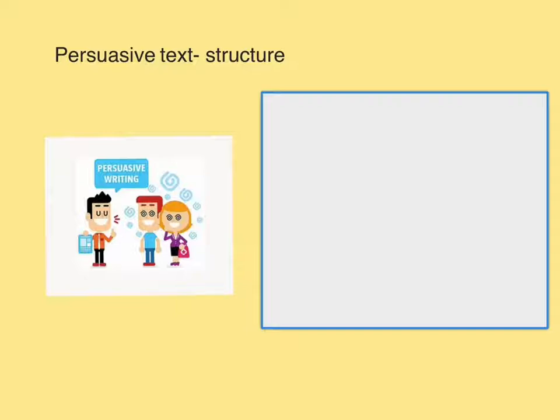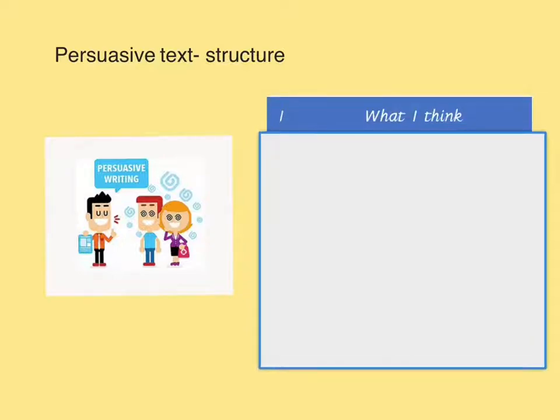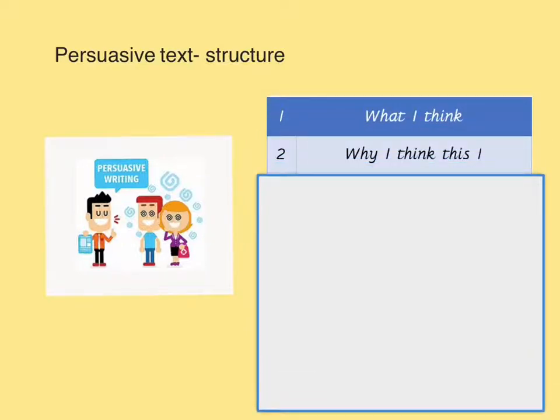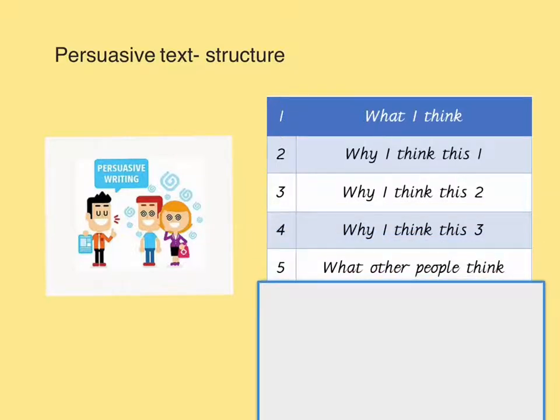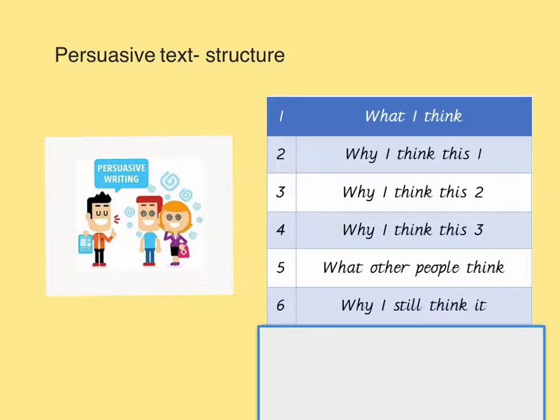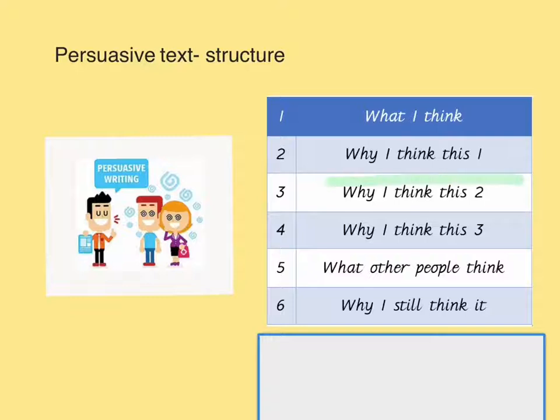You should have this at the tip of your tongue by now. Here they are. What I think, why I think this 1, why I think this 2, why I think this 3, what other people think, why I still think it. Today we are focusing on these 2 reasons. So today we are solely working on arguments. Yesterday we worked on the introduction and the first argument. Today we're only working on arguments.